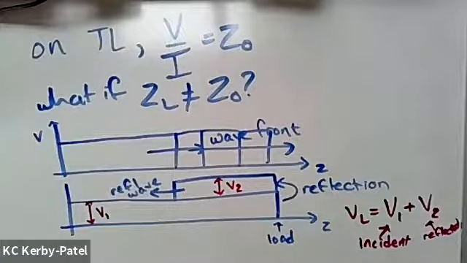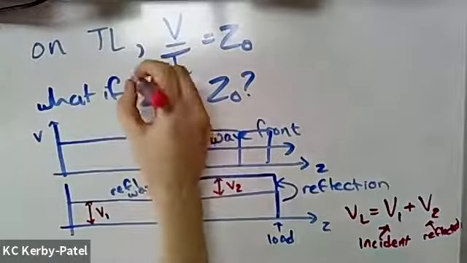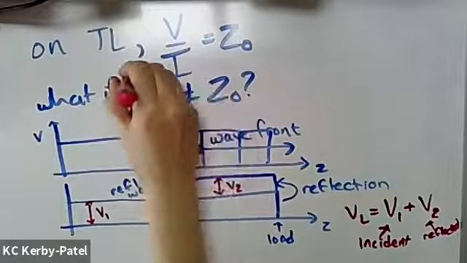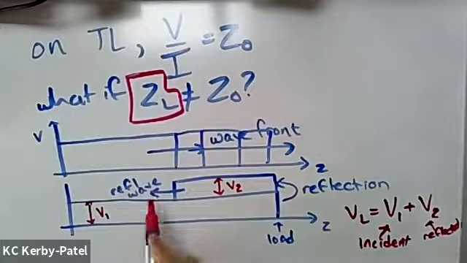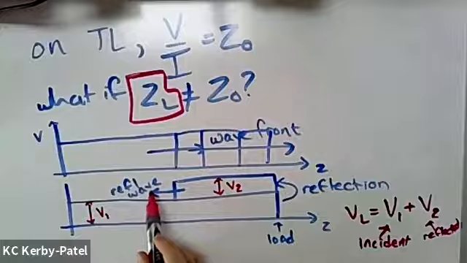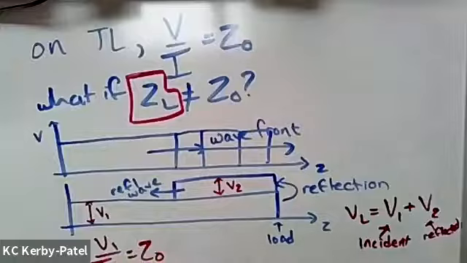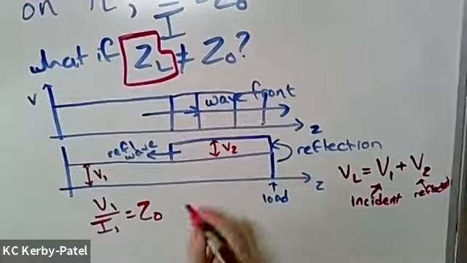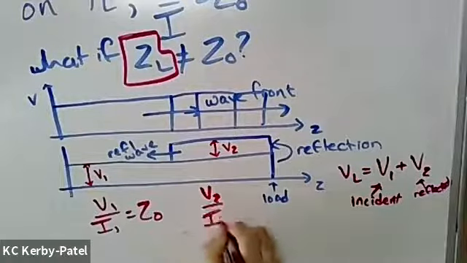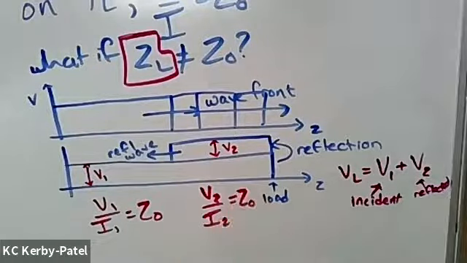That's what happens. In this situation, the load impedance looks like a boundary condition. And this reflection gets set up by the fact that the wave needs to obey Ohm's law at the load, but also the forward propagating wave needs to have V1 over I1 equals Z naught, and the backwards propagating wave needs to have V2 over I2 equals Z naught.